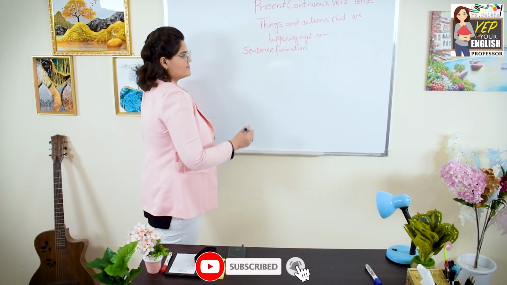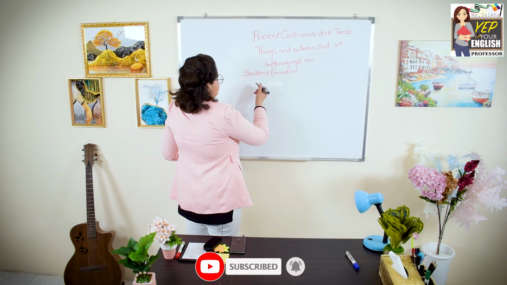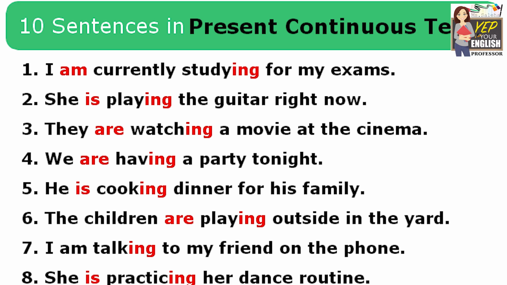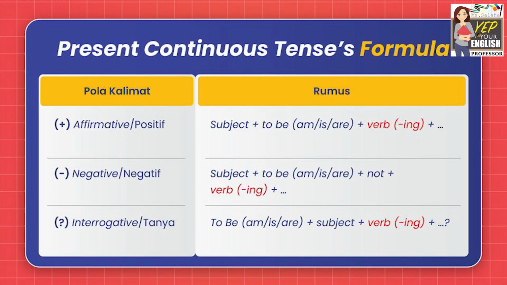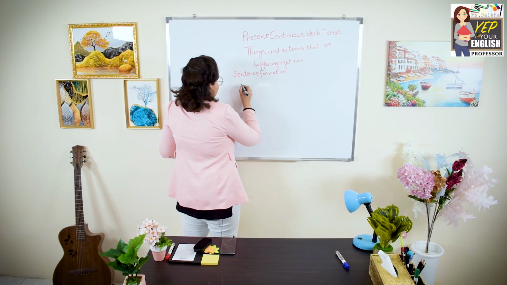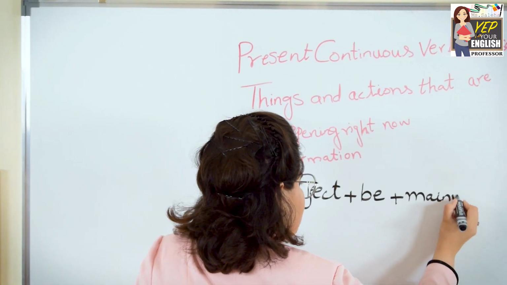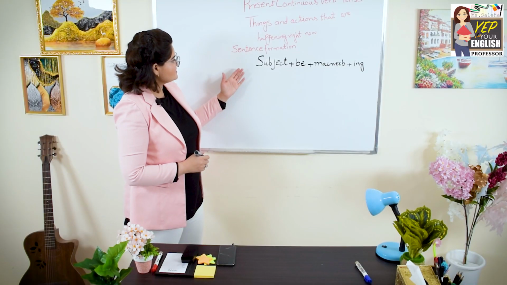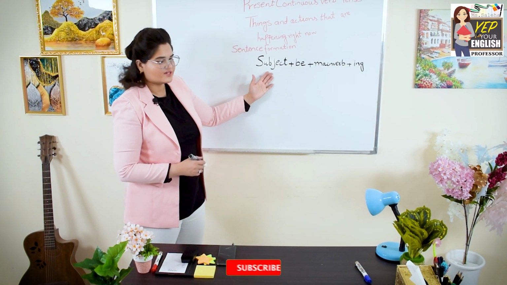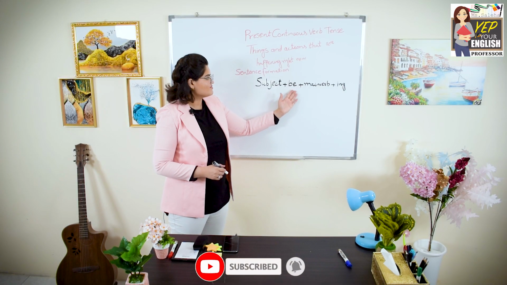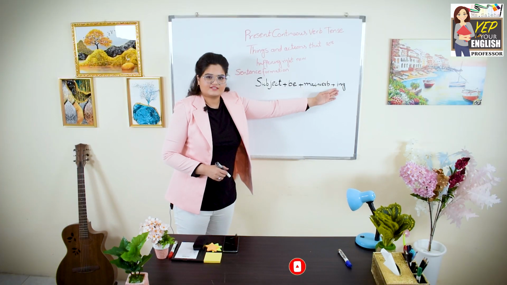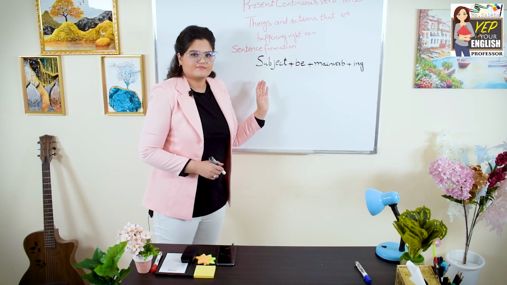In sentence formation, we have a key to make the simple sentences in present continuous tense. So let's see. In the sentence formation key, you can see we have a subject, a be form, main verb plus ing. Let's see some examples.